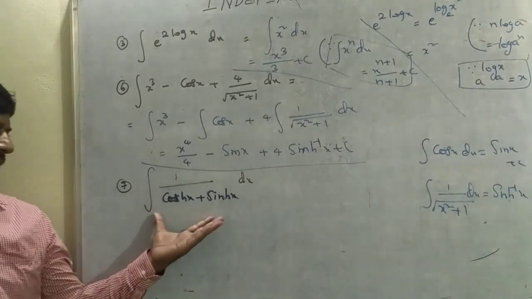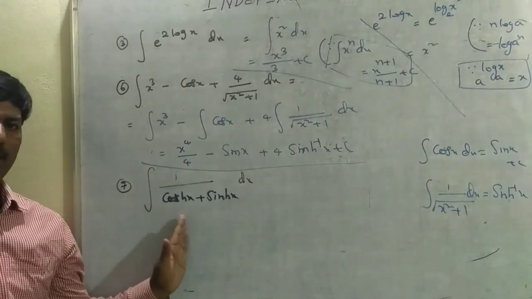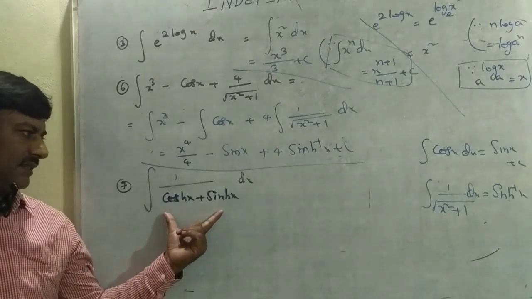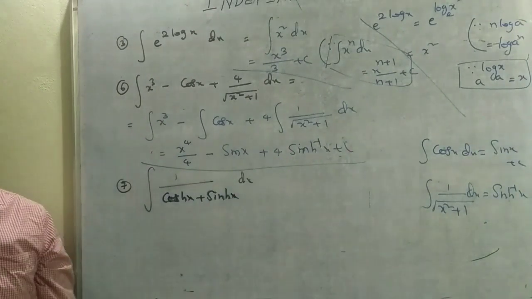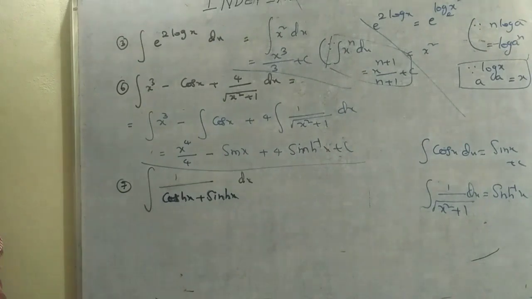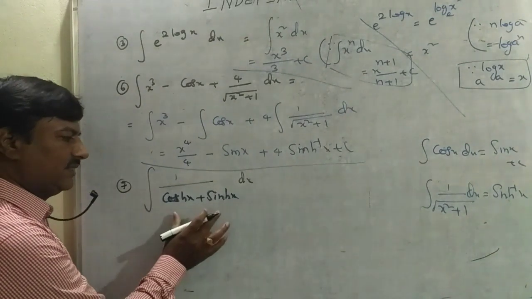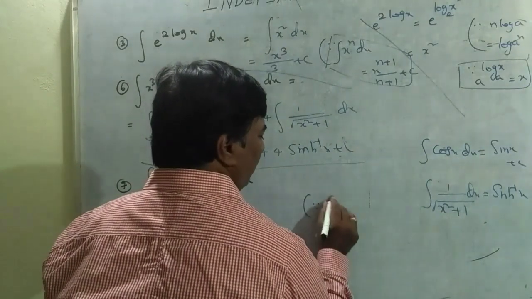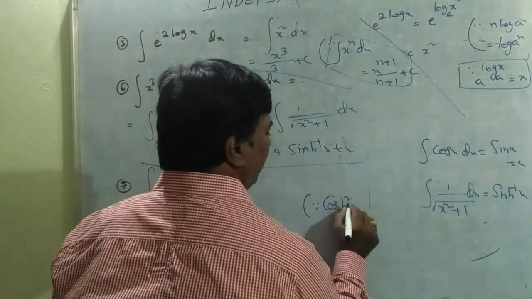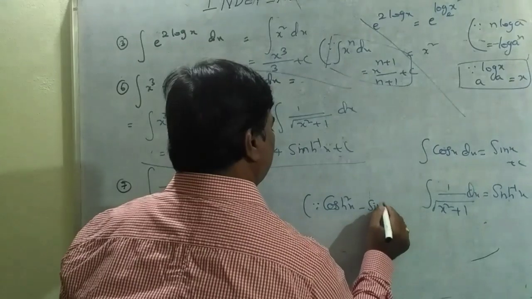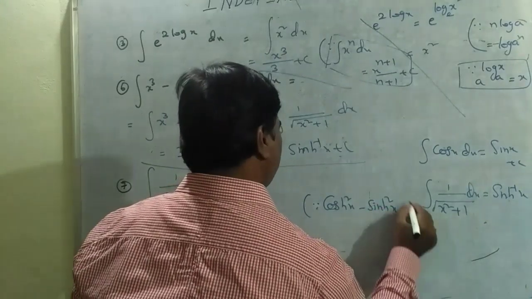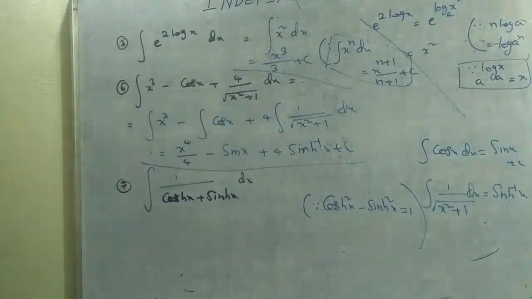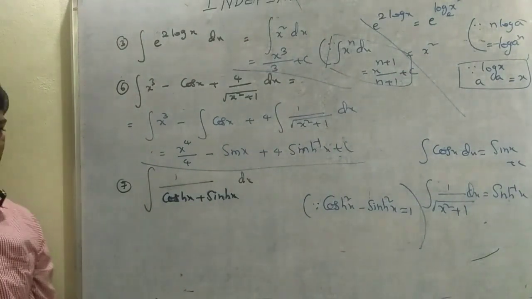See this next question: integral of 1 divided by cosh x plus sinh x dx. In hyperbolic functions we know the formula cosh square of x minus sinh square of x equals 1.